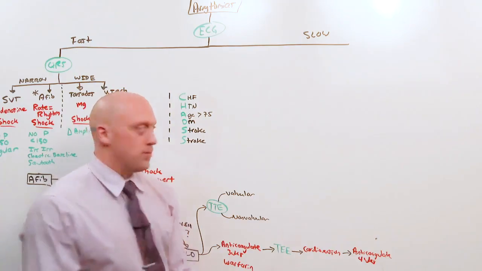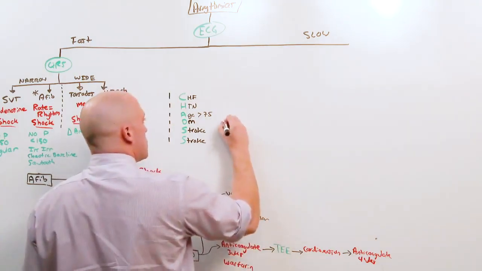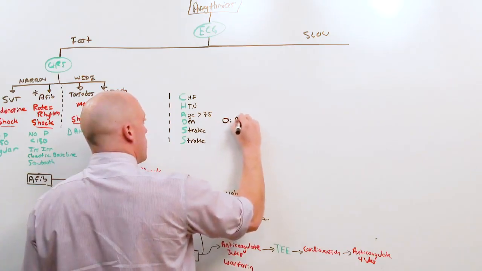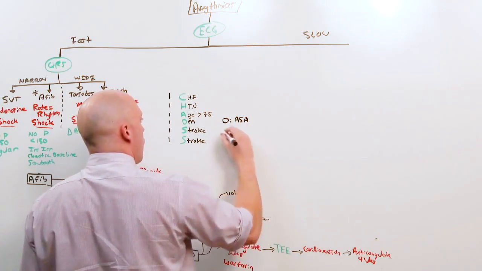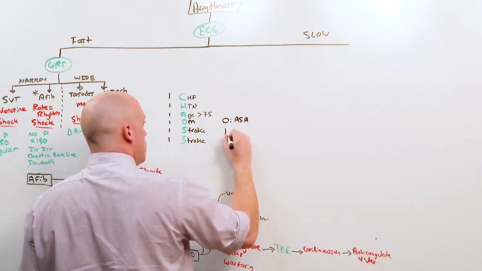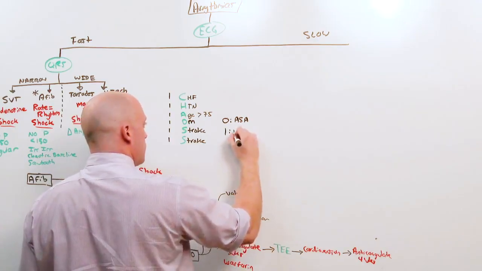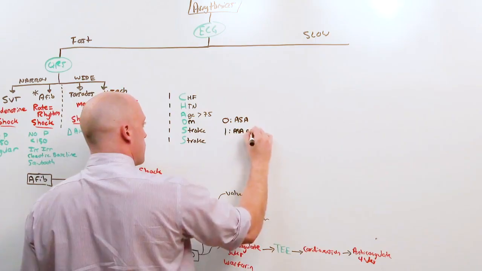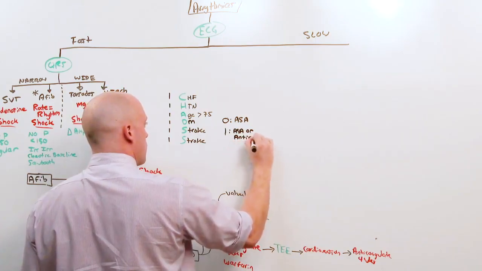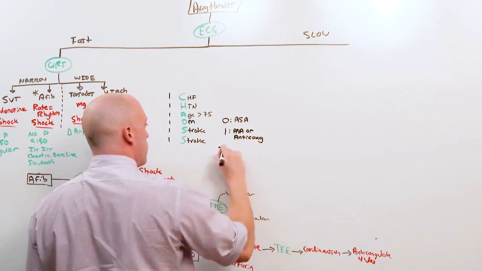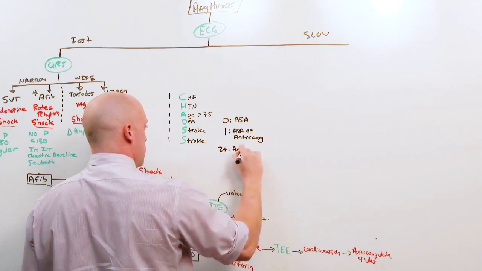Simplified version of this. If your score is 0, aspirin alone. If your score is 1, then you can consider anticoagulation. If you're 2 or more, you get anticoagulation.